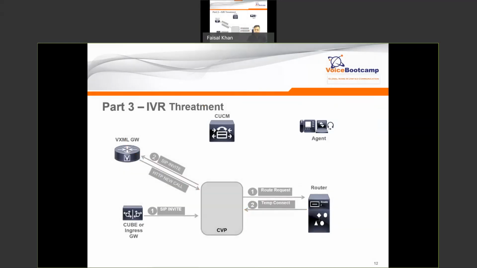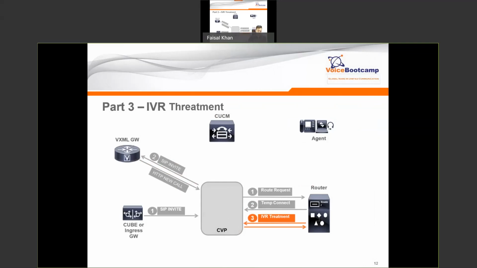CVP will then have established what we call the VRU connection with the UCCE. So at this stage, all the call treatment is going to happen: welcome message, press this, get digit, process it, database dipping, whatever you want to do. All sorts of IVR treatment is taking place.